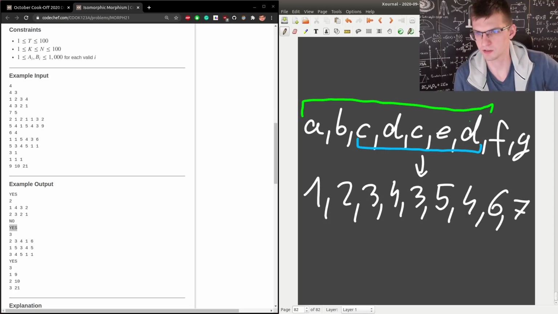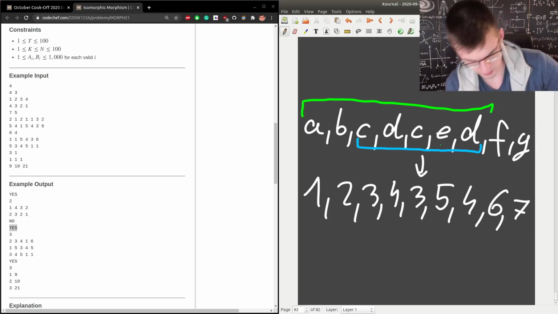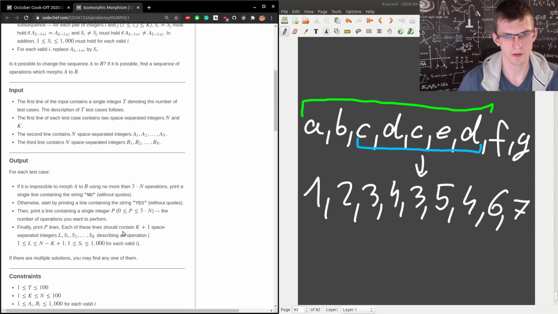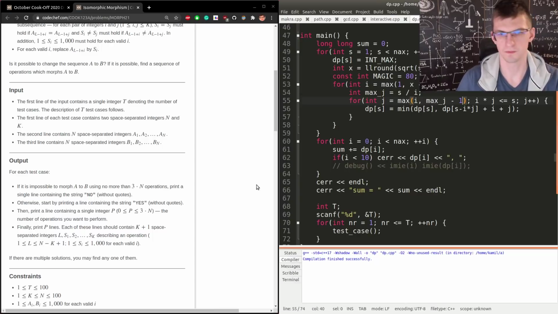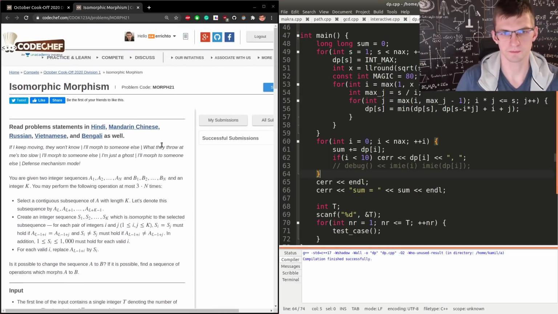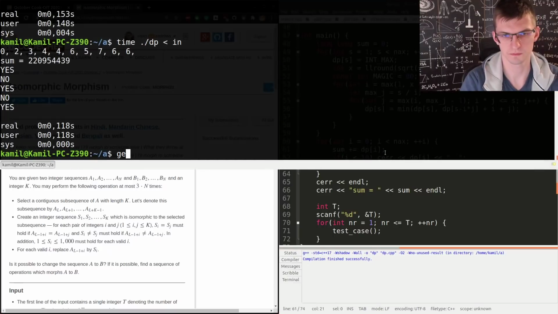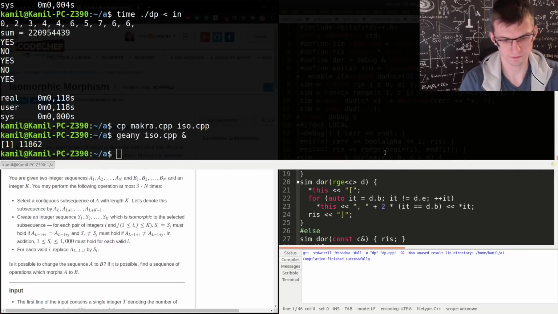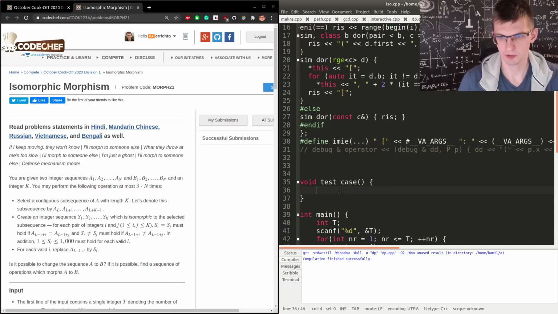So then just keep fixing. Yeah, just keep fixing. Problem isomorphism.